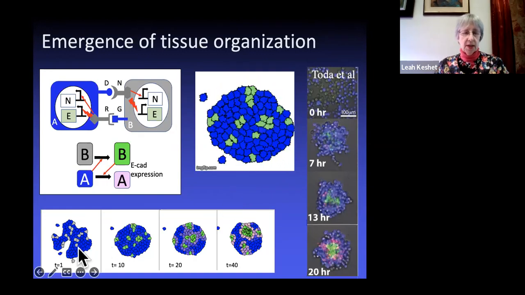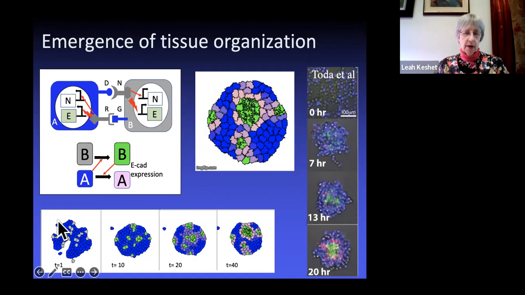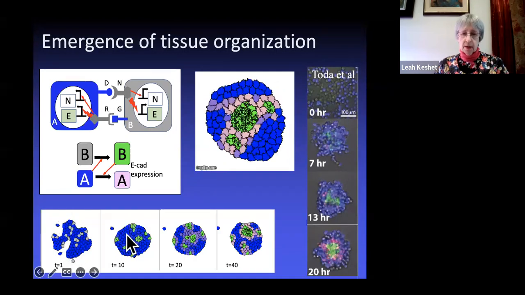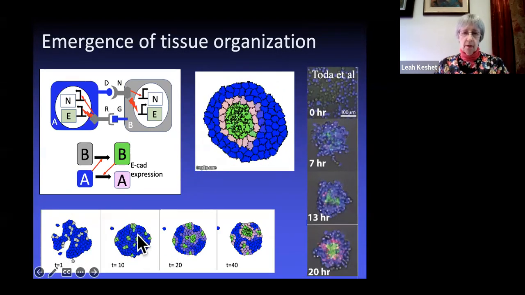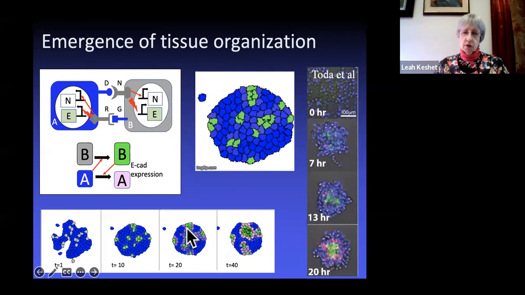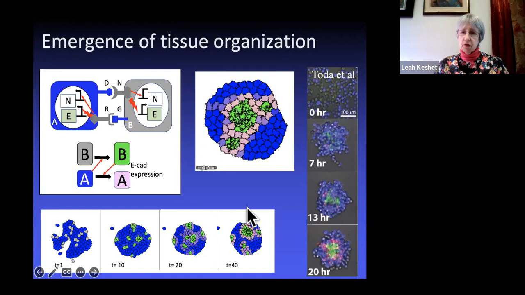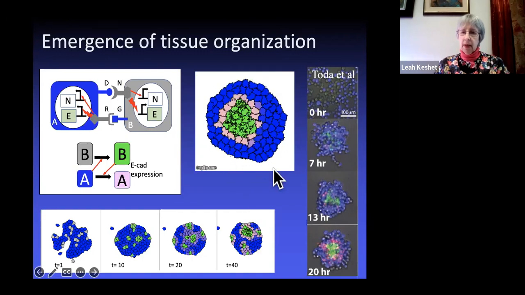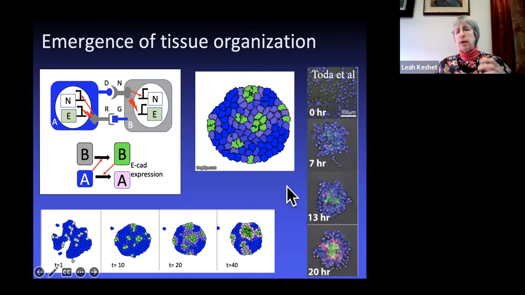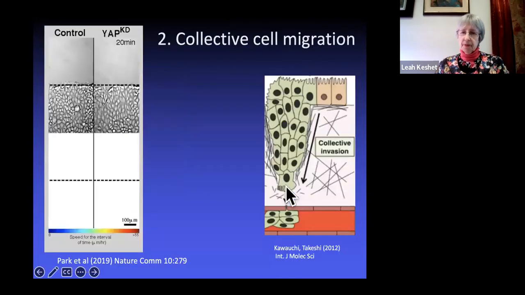So here what we see is initially cells that are not well organized, eventually forming internal states and adhering to each other in such a way that they form a three-layered cluster.